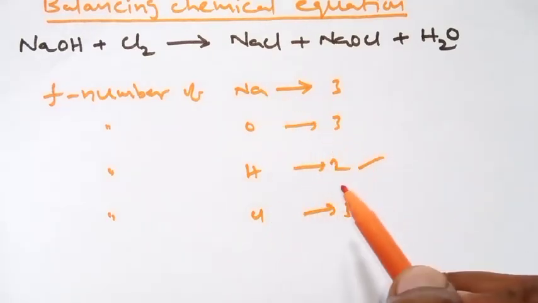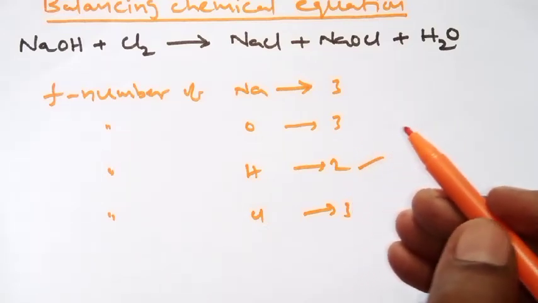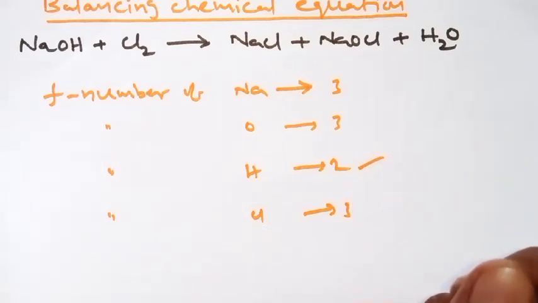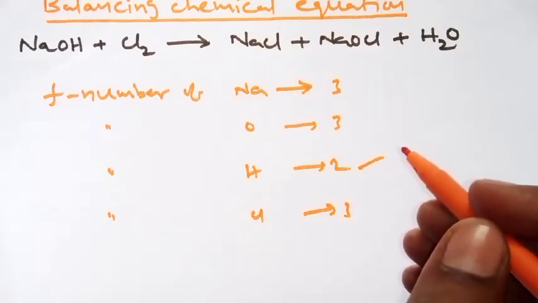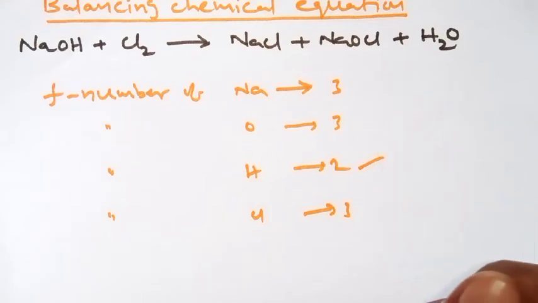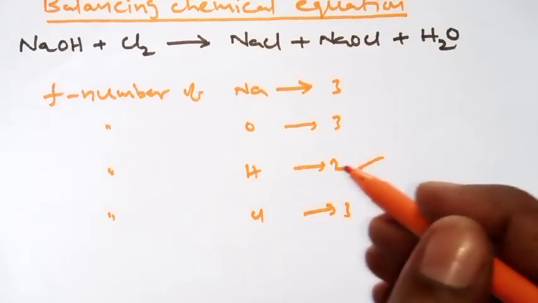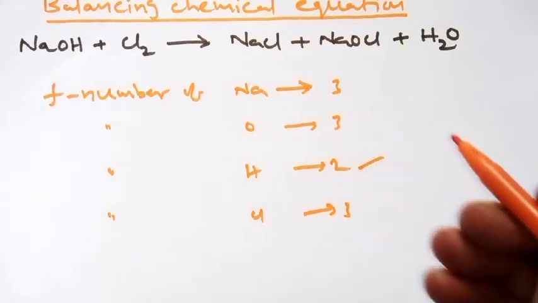These three have the same frequency number. In this context, first you have to give preference to metals. If two metals have the same frequency number, give preference to the one having the highest atomic number.